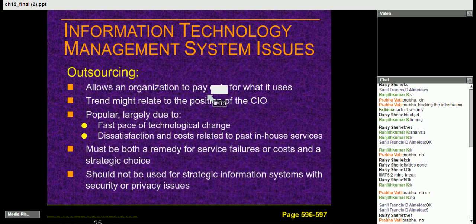Outsourcing allows an organization to pay only for what it uses. The trend might relate to the position of the CIO. It is popular largely due to the fast pace of technology changes, and dissatisfaction and cost related to past in-house services. It must be both a remedy for service failures or cost and a strategic choice.